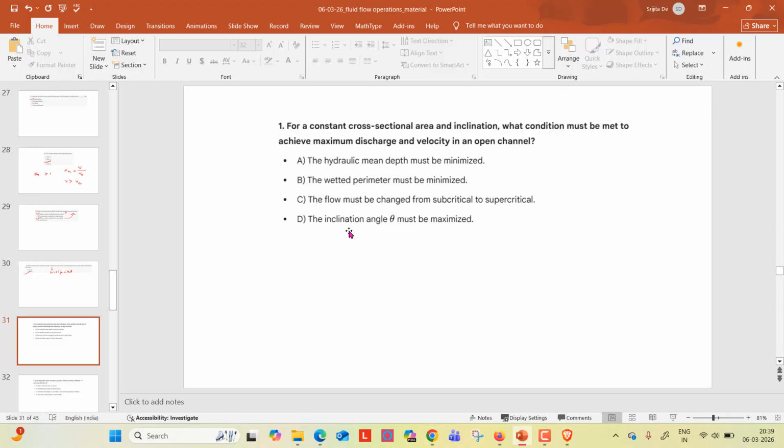Next. For a constant cross-sectional area and inclination, what conditions must be met to achieve maximum discharge and velocity in an open channel? The hydraulic mean depth must be minimized. The wetted perimeter must be minimized. The flow must be changed from subcritical to supercritical. The inclination angle theta must be maximized.